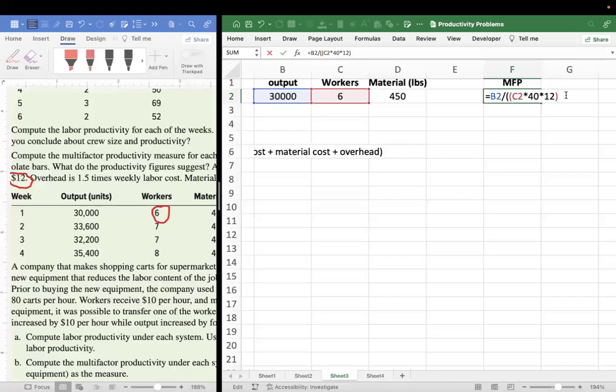Okay, and the next thing is let's add overhead cost. As you can see, overhead cost is 1.5 times weekly labor cost, which means if we multiply this labor cost by 1.5, that will give us overhead cost. So I will write 1.5 multiplied by, and copy this one and paste it there.